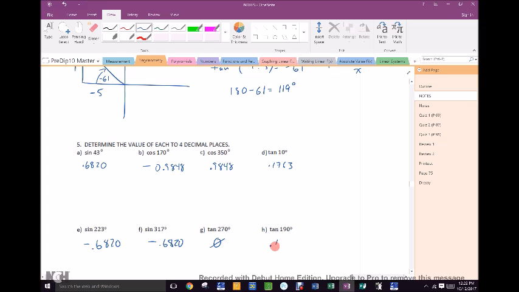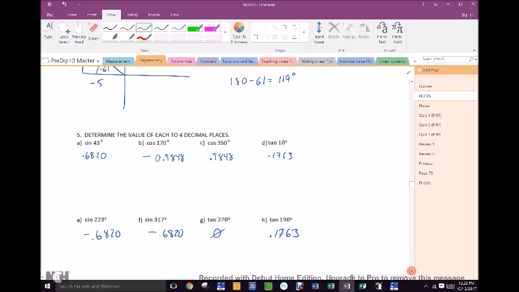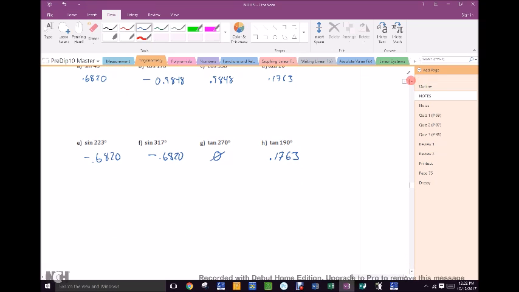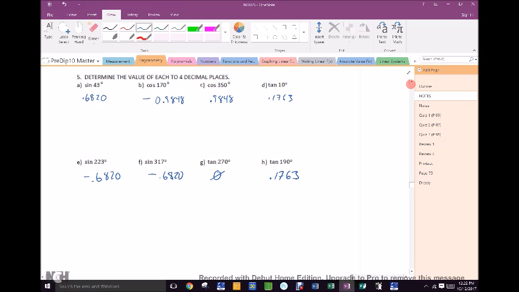What does that tell you? What do you see that is the same? You see this that's the same, yes? So where would tan of 10 be?